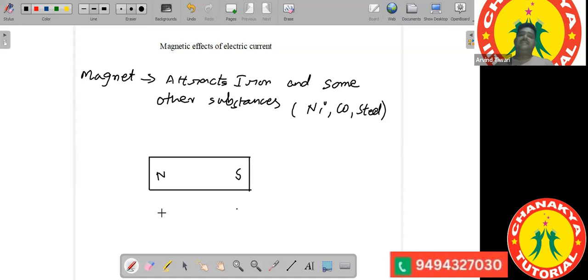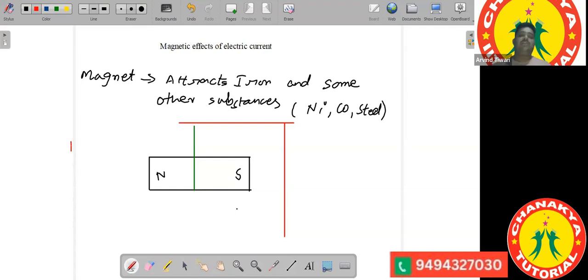The reason is that if you suspend a magnet freely, it will always align itself towards north and south. If you take a magnet, tie it with a string and attach that string to a stand, and then rotate it and leave it, the magnet always settles in the north-south direction.